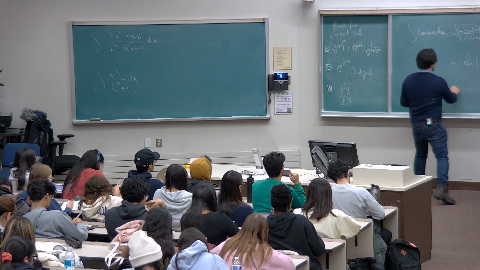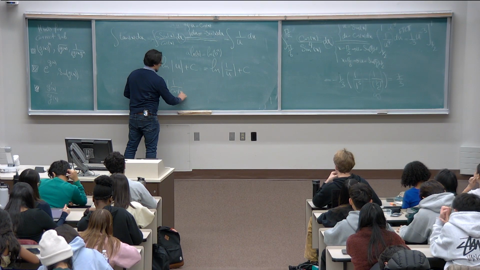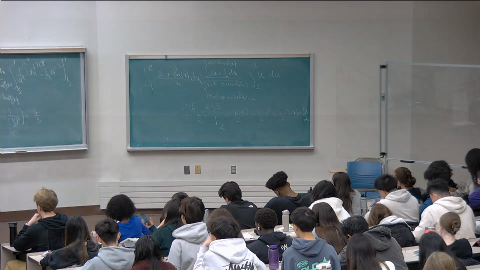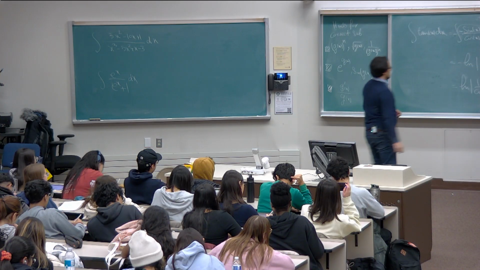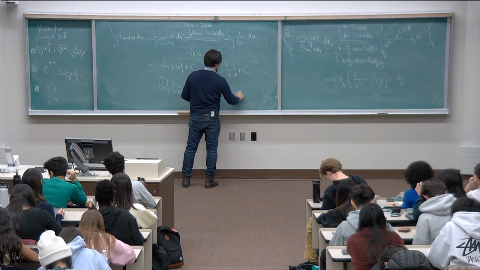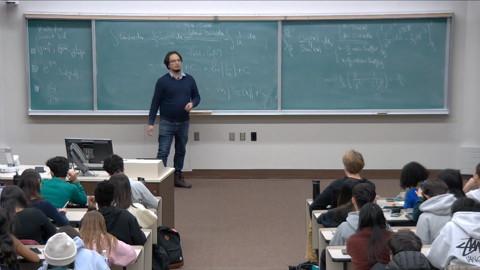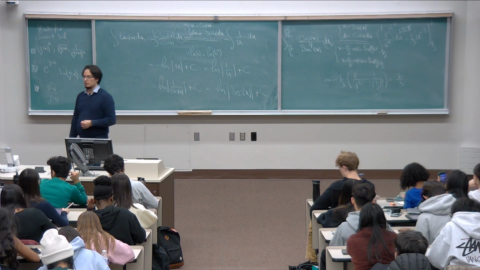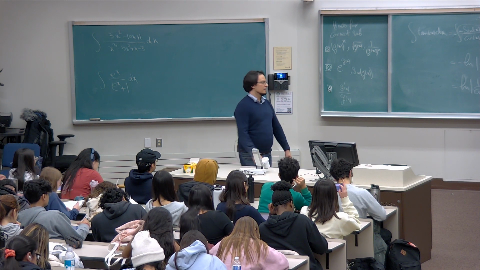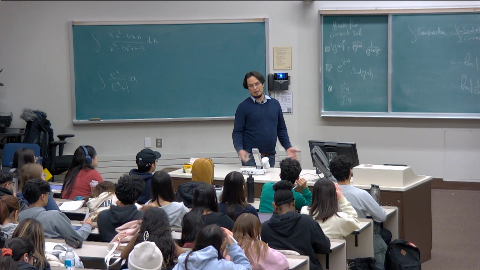But then I can put back what was my x function. And 1 over cosine x is secant x. So the antiderivative of tan x is ln of secant x, or absolute value of secant.